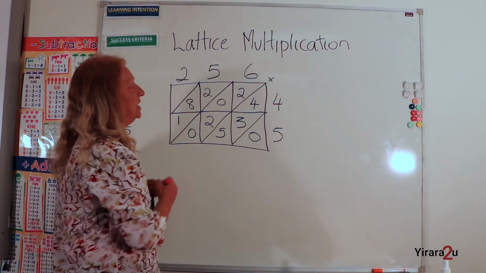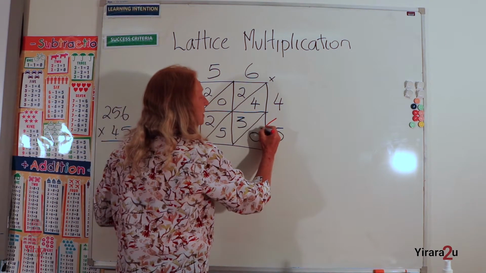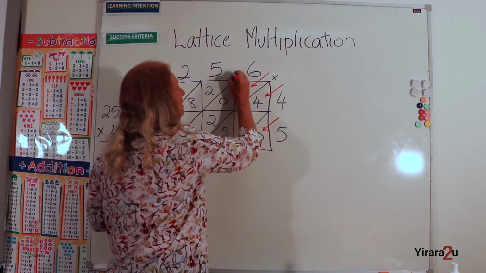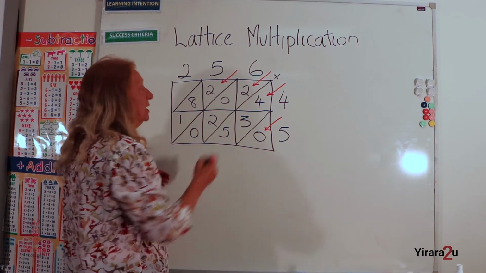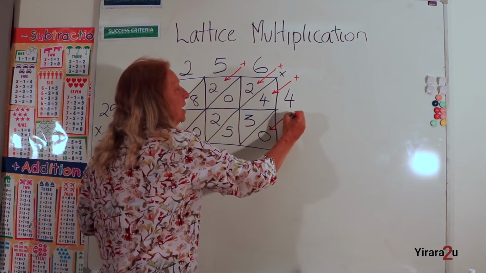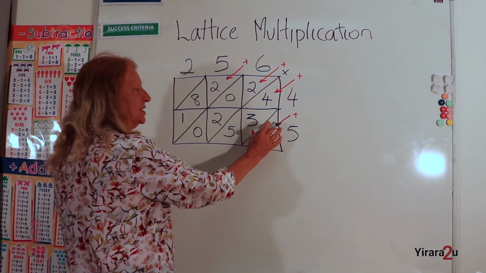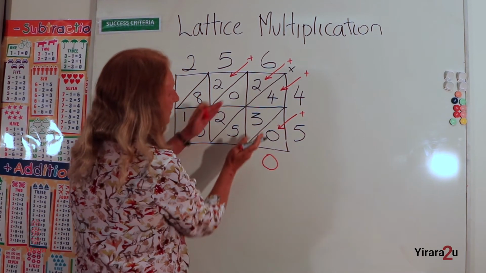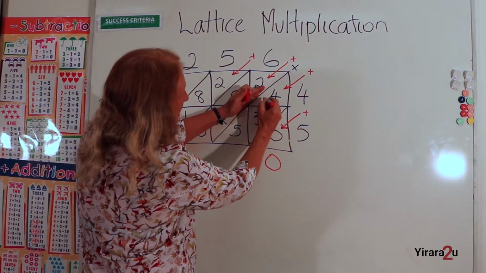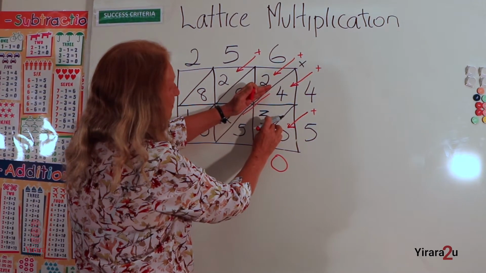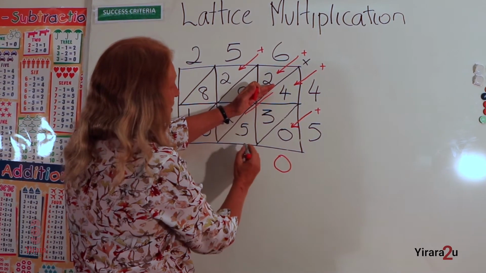Now we haven't finished, we have to add up the numbers this way. So this time we're doing plus. This one's easy, there's only 1 in this section, so I'm going to put 0 here. Here's our next section, coming through here. 4 plus 3 is 7, plus 5 is 12.